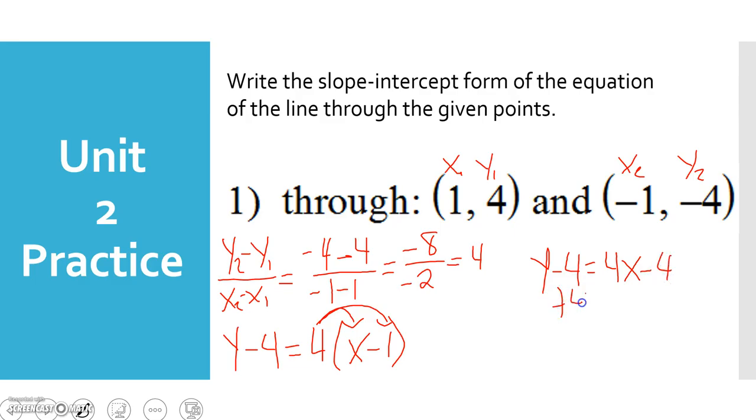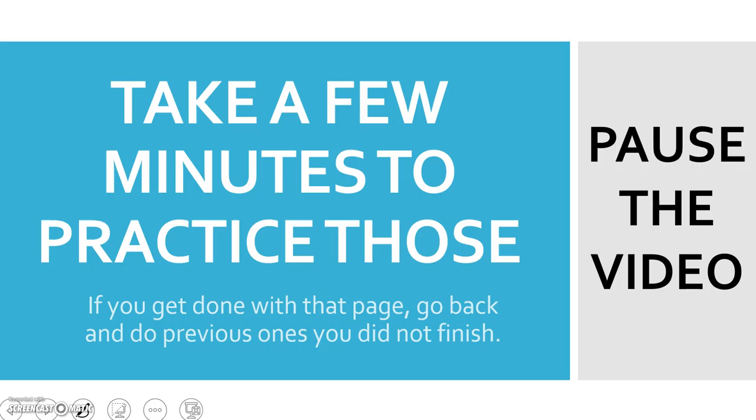And then I'm going to add 4 to both sides. So y equals 4x. Negative 4 plus 4 is 0, so we just have y equals 4x. Alright, go ahead and practice through those problems now.